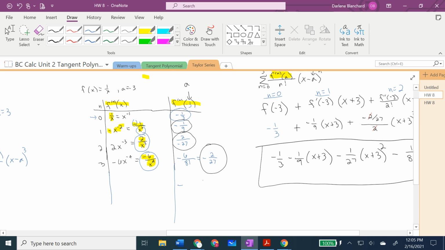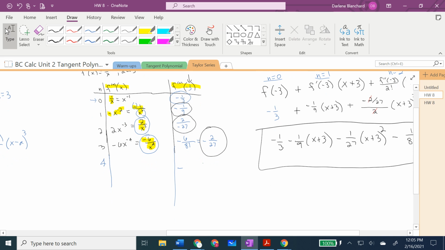Then let's think about what the fourth derivative is. You could say the fourth derivative is 24x to the -5, but you could also see the numerator as what's happening. Right here, I had just a 2. The 6 came from 2 times 3.